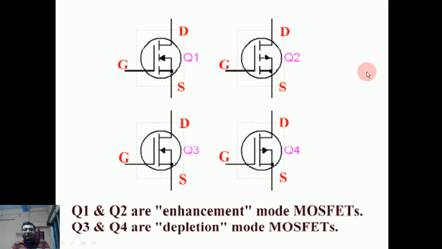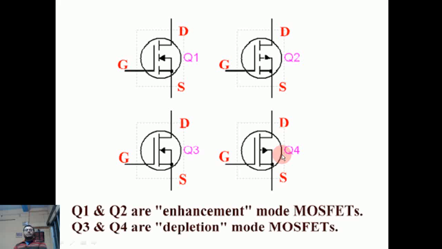MOSFETs are of four types. They are basically divided into two categories: enhancement mode MOSFET and depletion mode MOSFET. In each of these categories, there are two types of MOSFET, P channel and N channel. That is why there are a total of four types of MOSFET, which are symbolized in this picture. You can see Q1, Q2, Q3 and Q4.